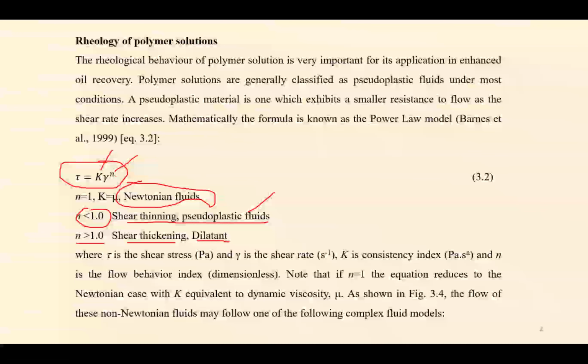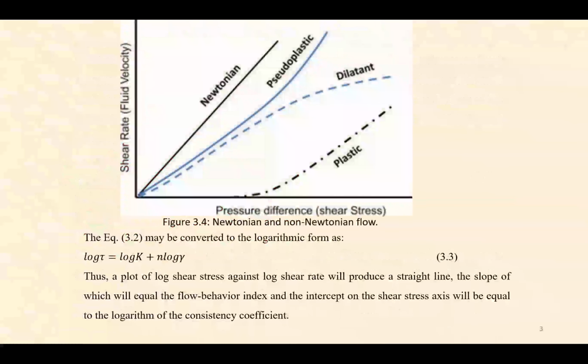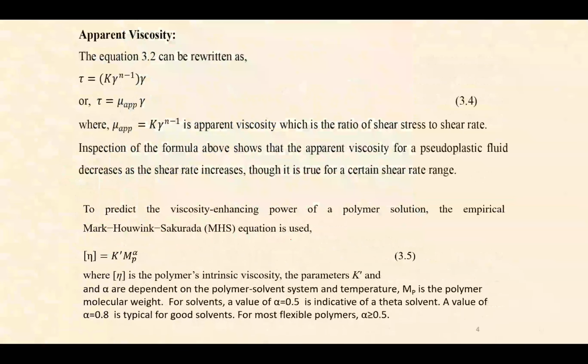particularly when you will be going for the simulation study, as I will show in the next slide. Here you can see that we can rearrange that equation in this form: tau equals K times shear rate to the power n minus 1, into shear rate.